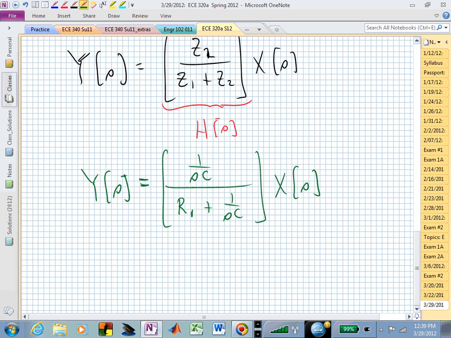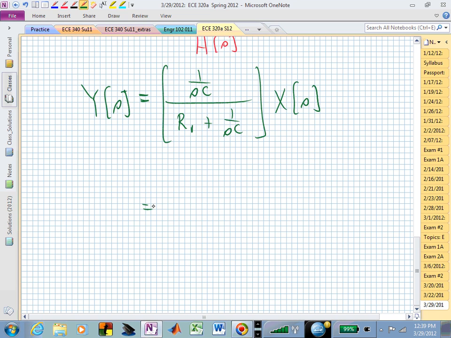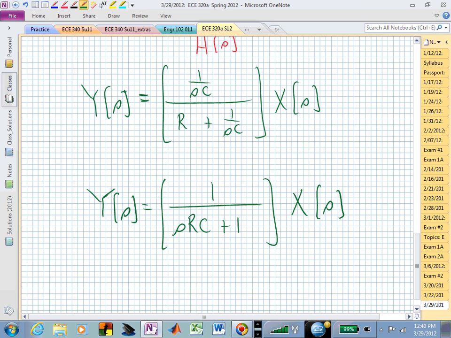Those cancel, and we're left with the transfer function that we're more comfortable working with, 1 over SR plus, whoops, that shouldn't have been a subscript on 1. I don't think I was that specific in my circuit. It was just one resistor, so let's just call it R. And that's now our transfer function, 1 over SRC plus 1, X of S.